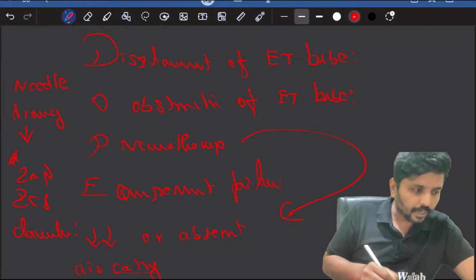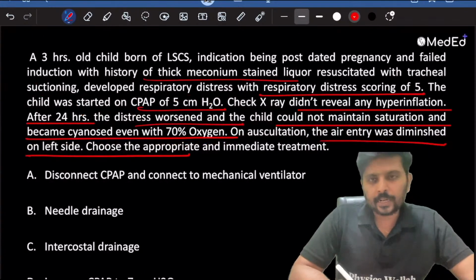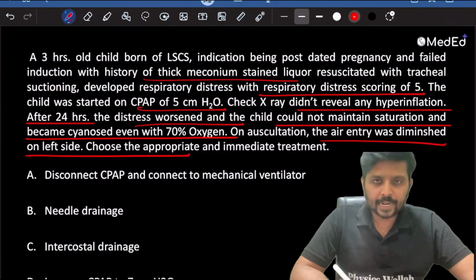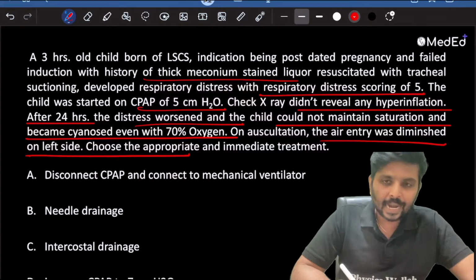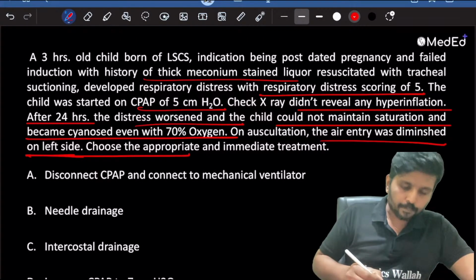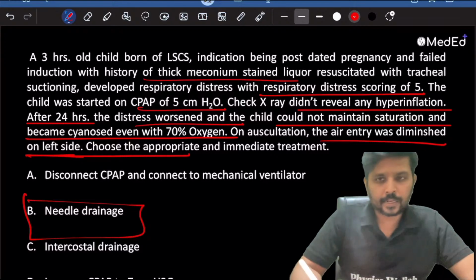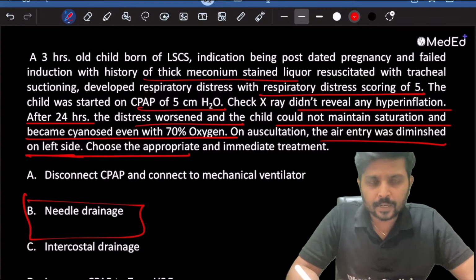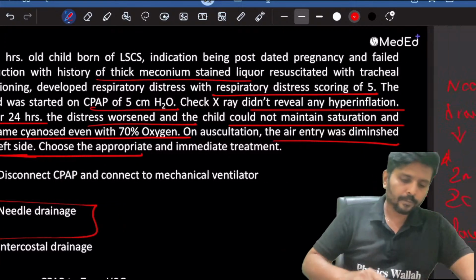So in this case, the child is meconium aspirated, mechanically ventilated, shows sudden desaturation and the air entry was absent on the left side. So you need to suspect pneumothorax and you need to put needle drainage. So this is about this question with respect to newborn.